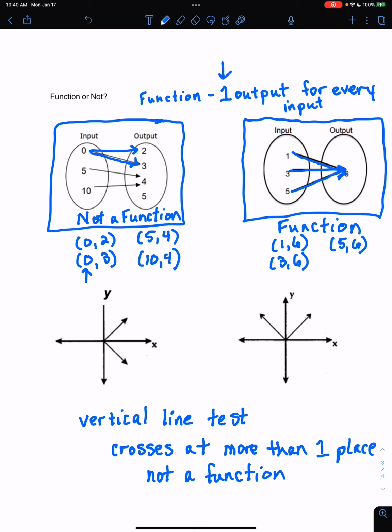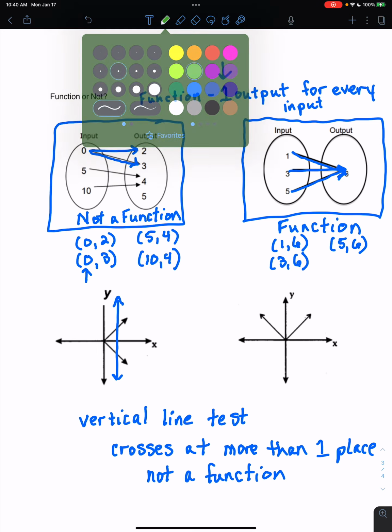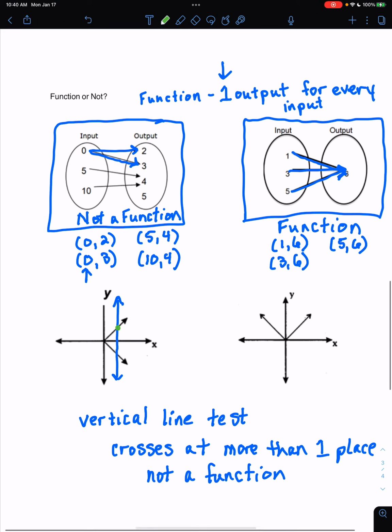And if I draw a vertical line through this graph, notice that it is intersecting with the graph at more than one place. So this graph is not a function.